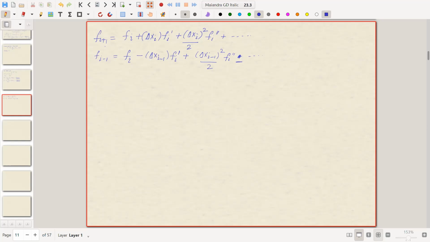If you want to find the single derivative f i prime, we need to subtract, because if you add, this term will just vanish. If you also need the second derivative, you need to add, because then f i double prime will prevail. For now we need the first order derivative, so we need to subtract f i plus 1 minus f i minus 1.